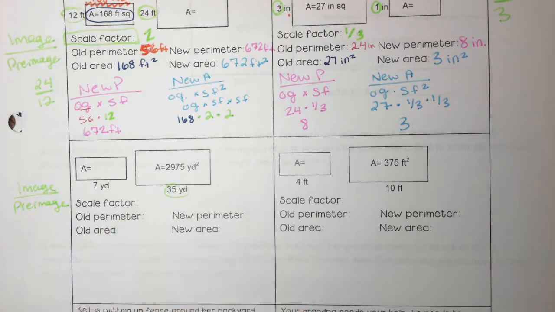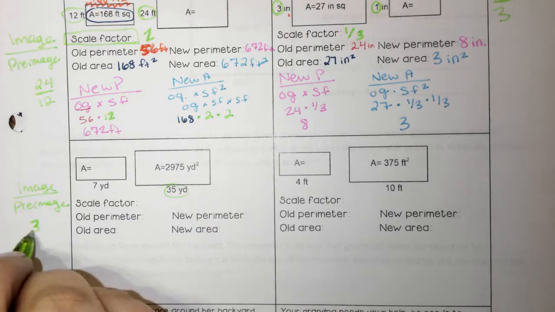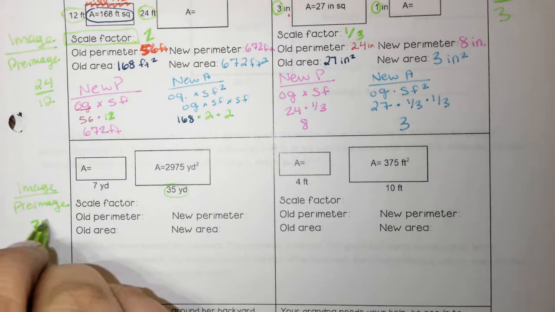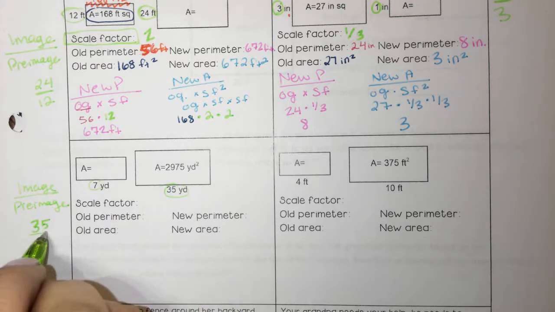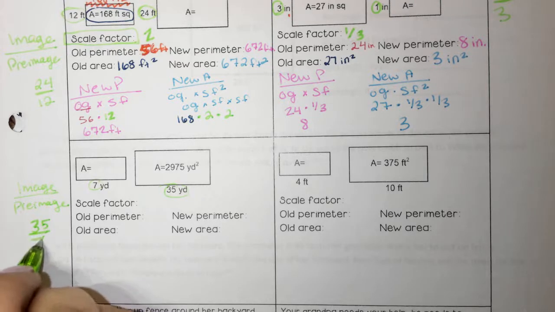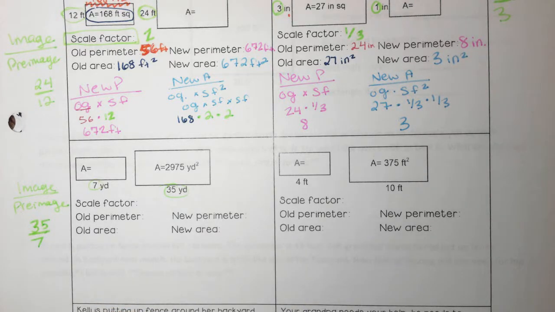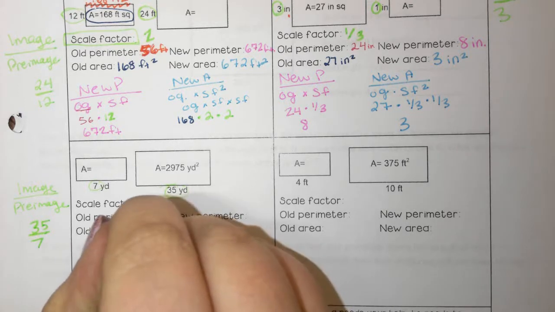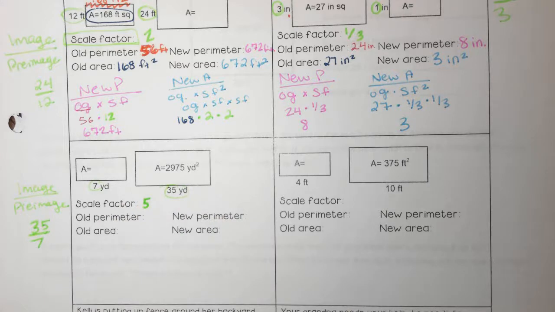Something from the image is 35. Something from the pre-image is 7. So we've got 35 over 7 as the scale factor. 35 over 7 is 5. So our scale factor is 5.